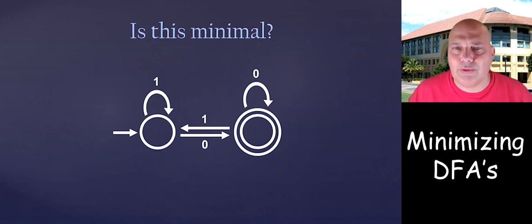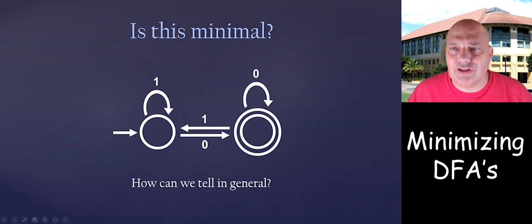The question is how to do it more generally. How can we tell in general whether a DFA is minimal? And furthermore, if it's not minimal, how can we come up with another DFA that is minimal?